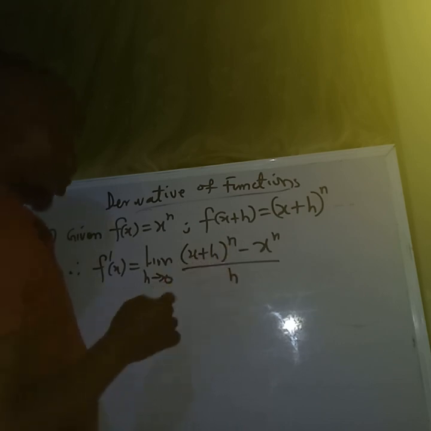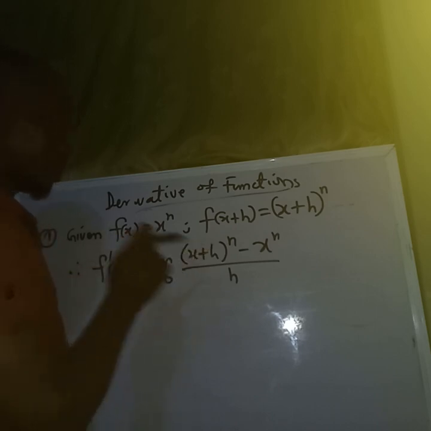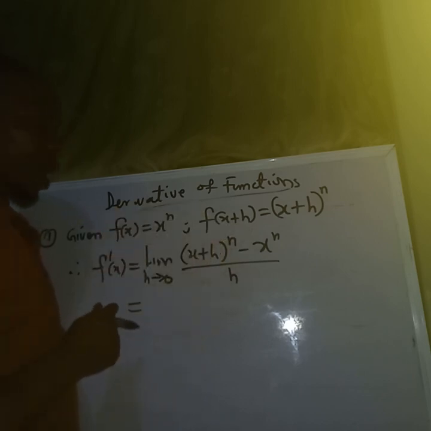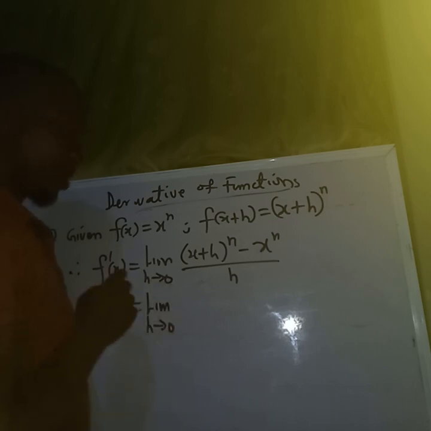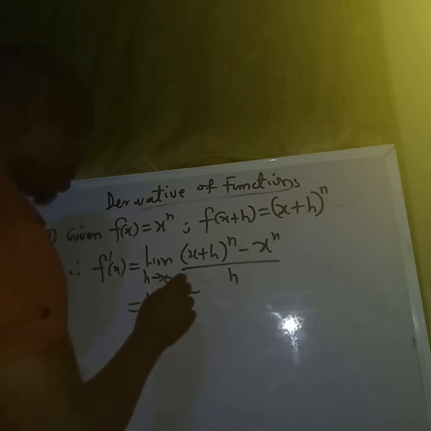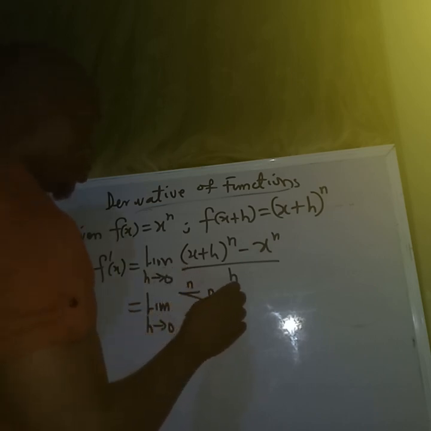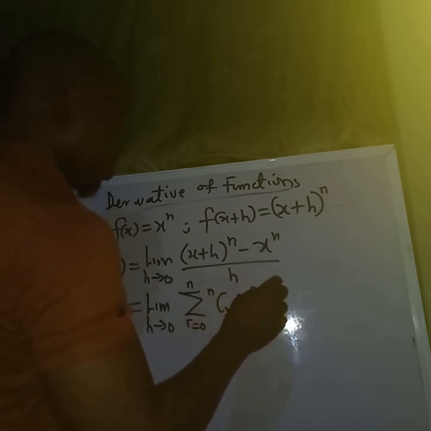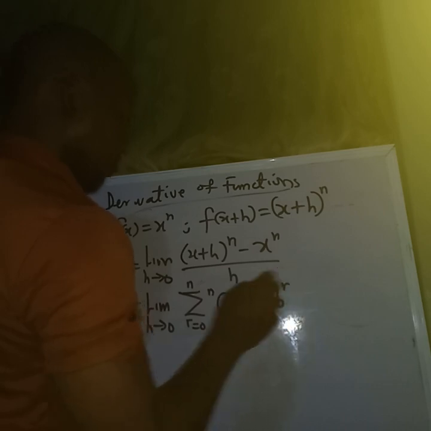And of course we can use the formula of the binomial term, which says if you have a binomial term with the power n, we can rewrite this using binomial expansion. The binomial expansion is given as the sum of n combination r, x raised to the power of n minus r, h raised to the power of r.